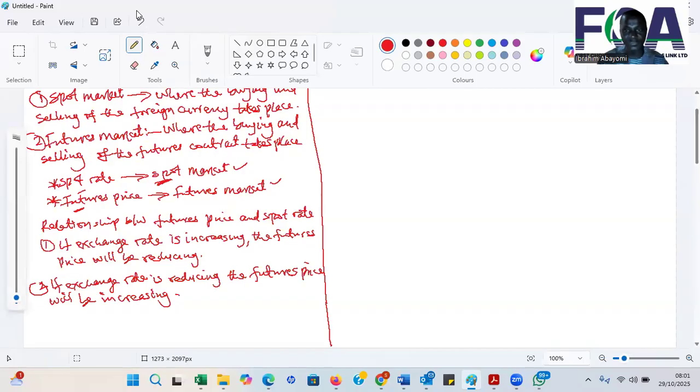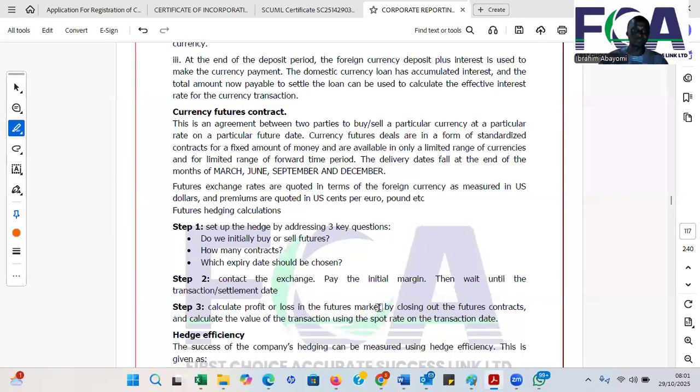The futures price will be increasing if exchange rate is reducing. Now, how do we hedge using currency futures contract?